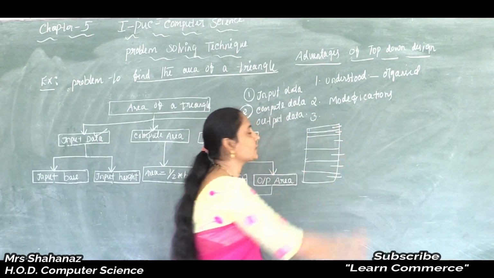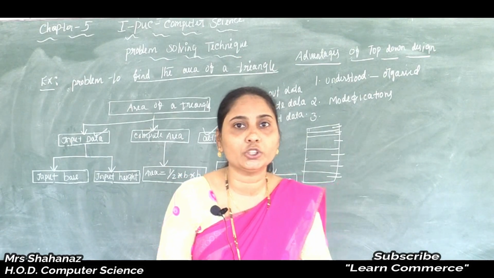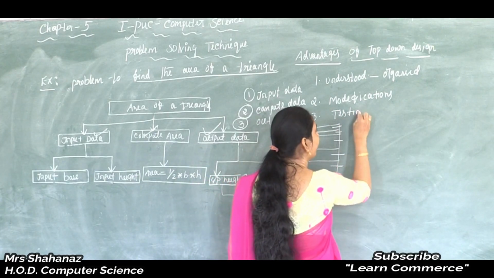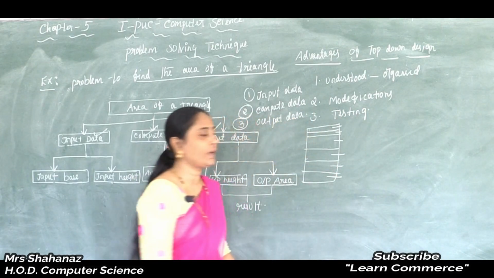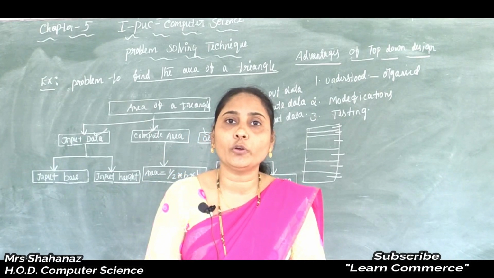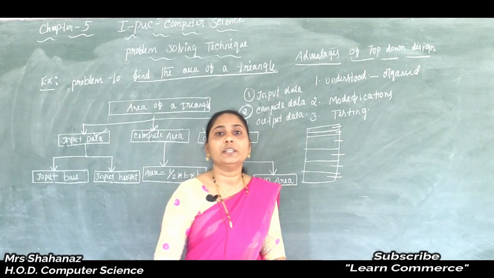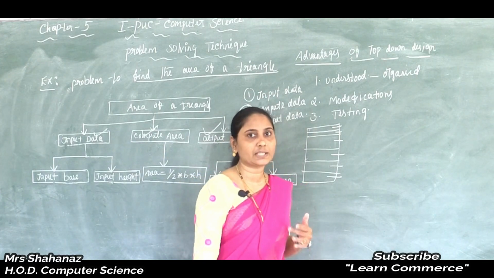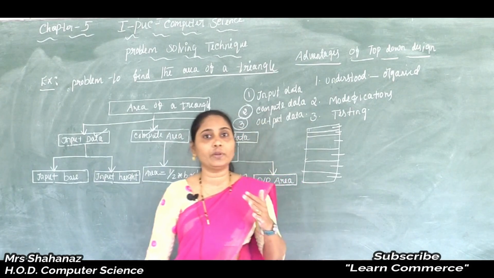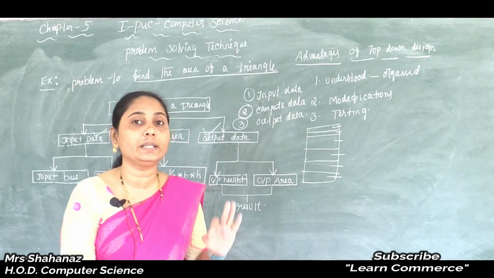And next, the third point: testing the solution can be easily performed. We know the meaning of testing. What do you mean by a test here? After completing the program, if you want to check the program, then we are going to test the program, whether every line, every word is proper or not, and whether it is able to get the desired result.